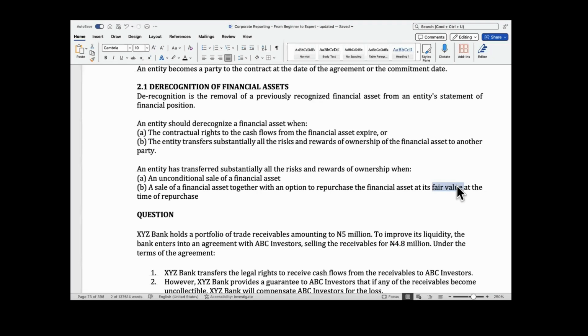But if you are repurchasing at a fixed price, at a predetermined price, then that one is biased. That repurchase is controlled by you. It means you still have some reward. It means you still have control over the transaction when you are the one dictating the repurchase price.